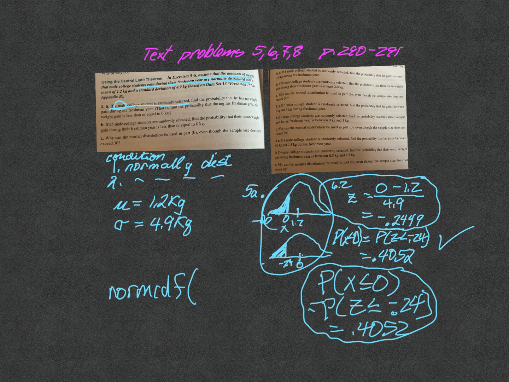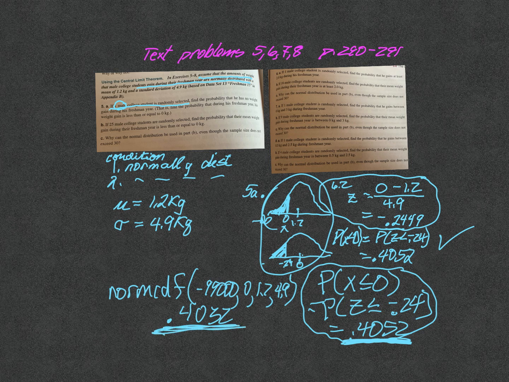So I put normal CDF, I put negative 99,000, I put 0, then 1.2 was the mean and the standard deviation was 4.9. I press calculate and I get 0.4032. And so you can see the table gives us an approximation.